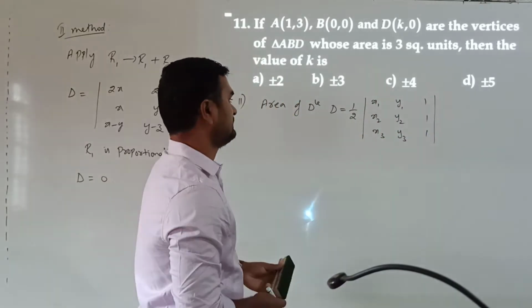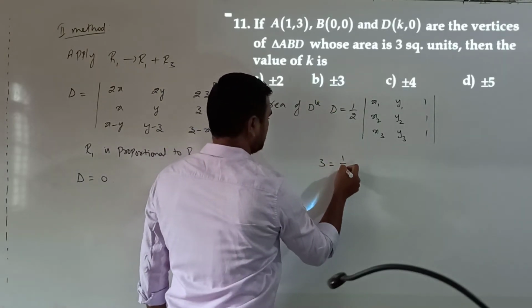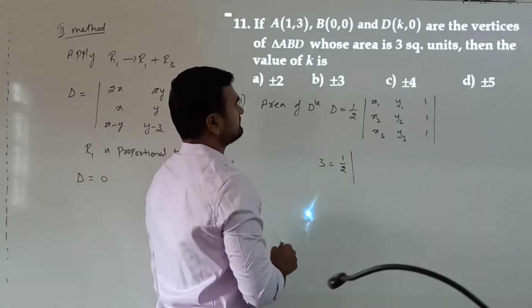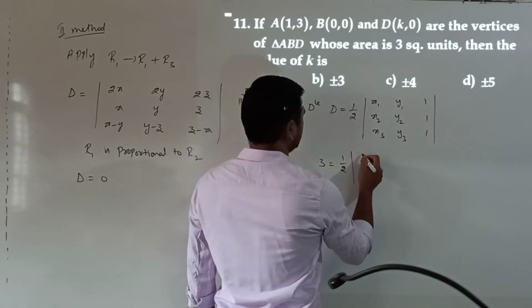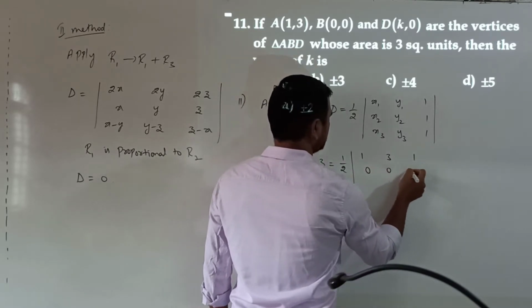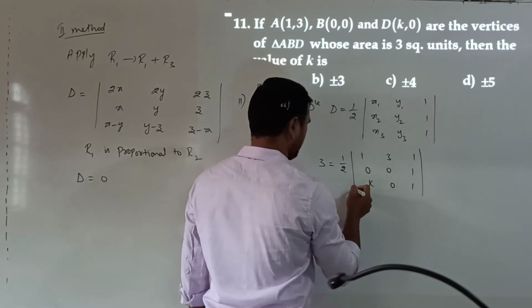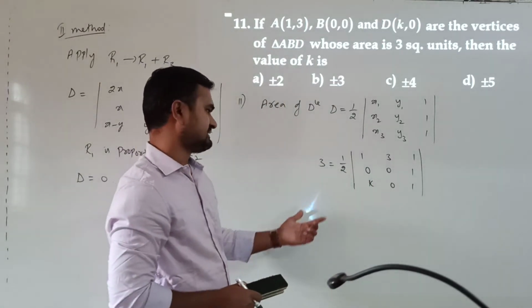So let's solve this. Area is given as 3, so 3 equals 1 by 2 times the determinant 1, 3, 1; 0, 0, 1; K, 0, 1. Okay, let us solve this.